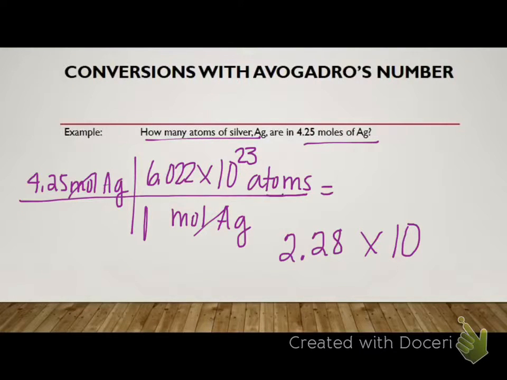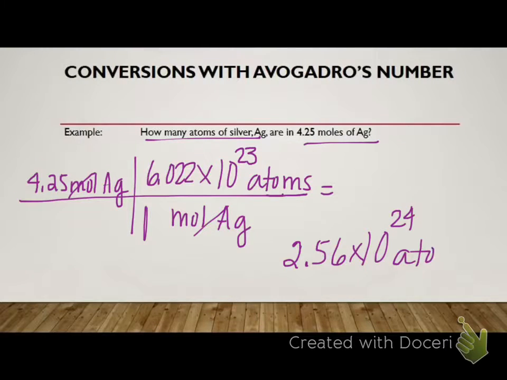That's not what I got. Oh, I'm looking at the wrong thing. I got 2.5. Yeah, I'm looking ahead of my notes and I'm looking at the wrong thing. I'm sorry. I apologize for doubting you. 2 point what? 2.56 times 10 to the 24 atoms of silver.